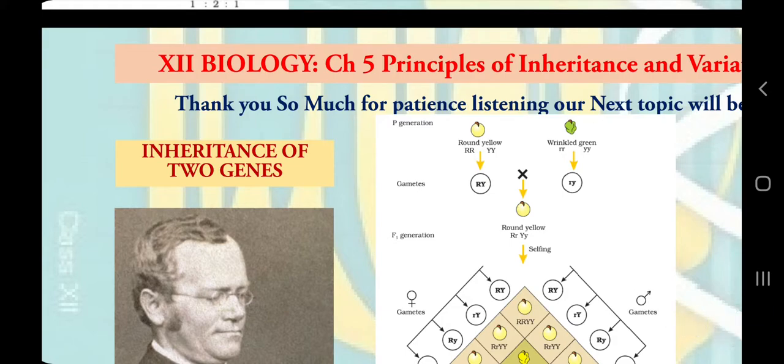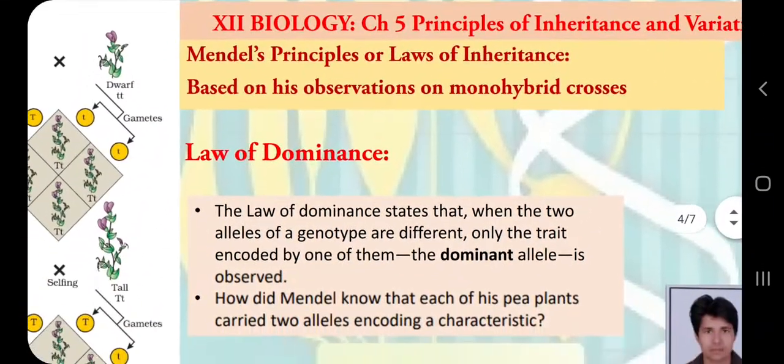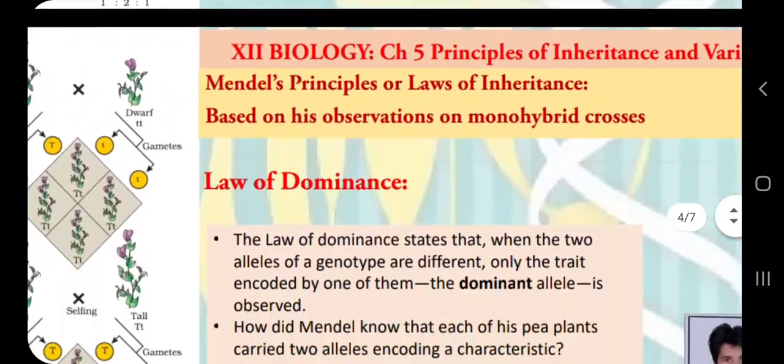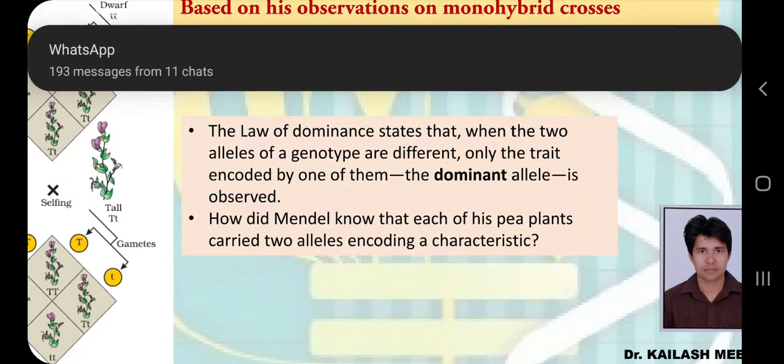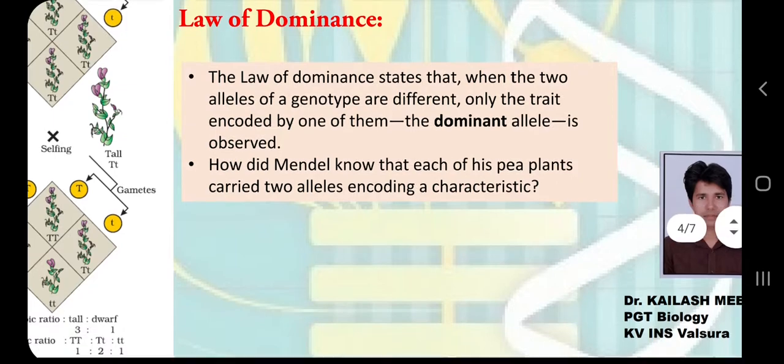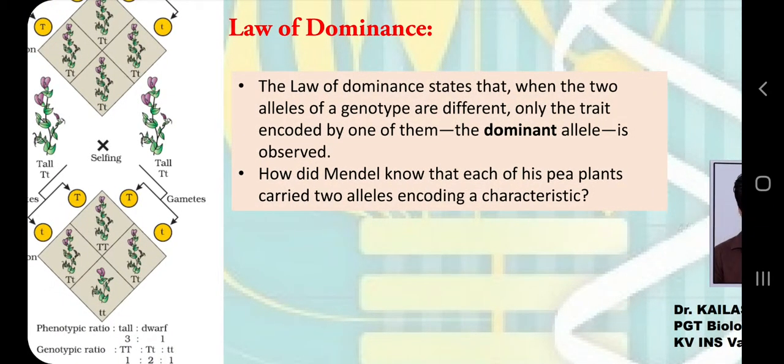So these are the 2 laws discussed in our NCERT book. Let's review them again. The first one was the law of dominance and the second one was the law of segregation. What was the law of dominance? That each individual carries 2 factors or 2 alleles for one character, and in a hybrid organism, which has a dissimilar pair, one allele shows dominance and the other allele shows recessiveness.